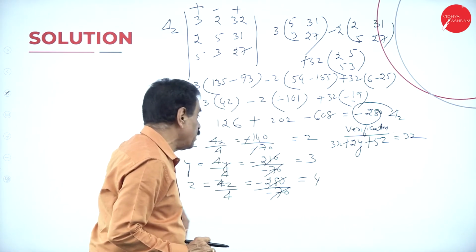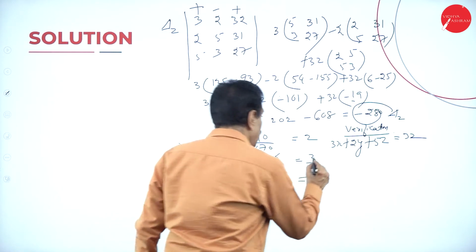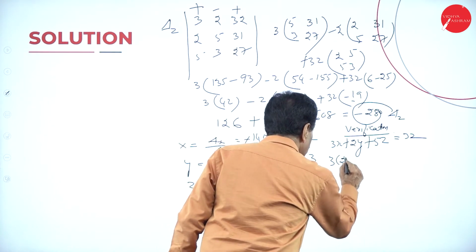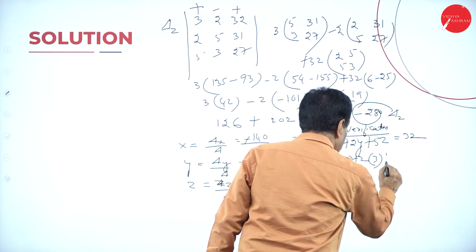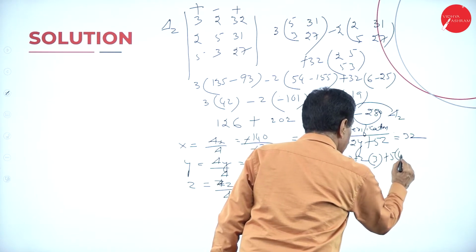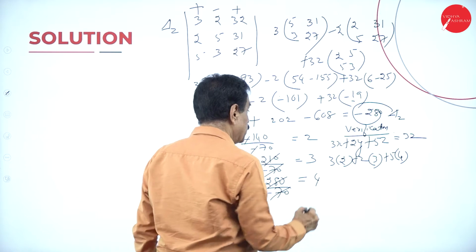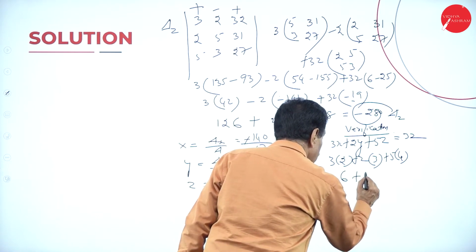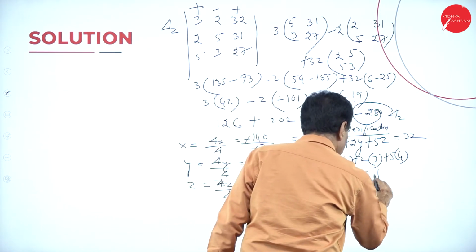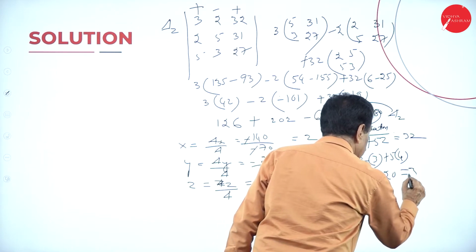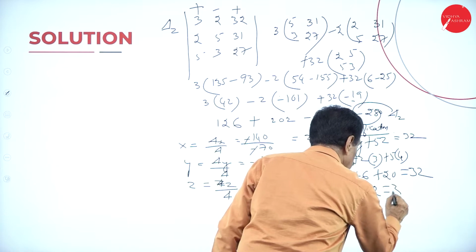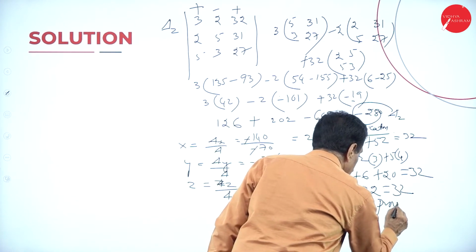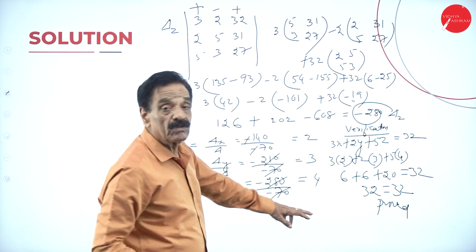Substitute the values here for x, y, z. 3 into 2 plus 2 into 3 plus 5 into 4. 3 2s are 6, 2 3s are 6, 5 4s are 20, is equal to 32. So 32 is equal to 32, proved.